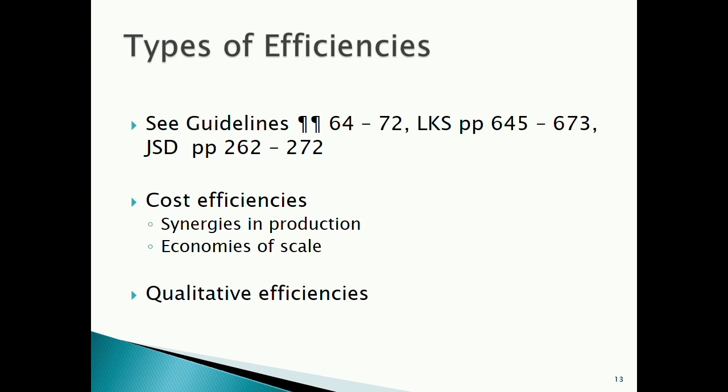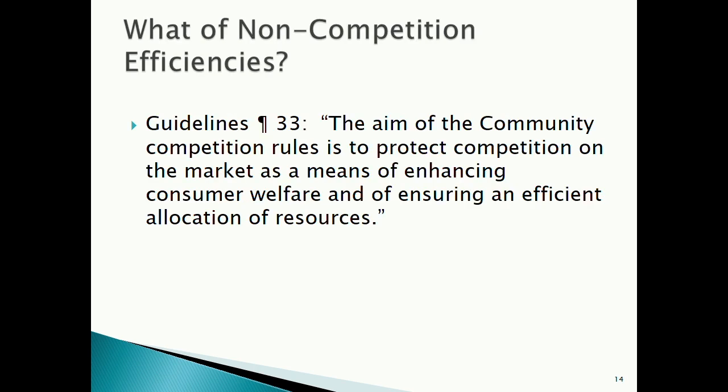There's also qualitative efficiencies. Companies can get together to improve the quality of their product by using each other's intellectual property, for instance. So there's some types of efficiencies that might be present.